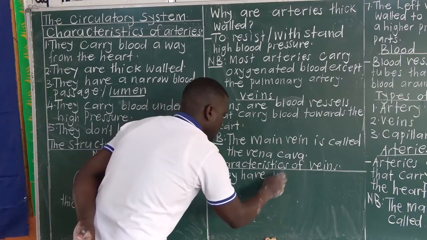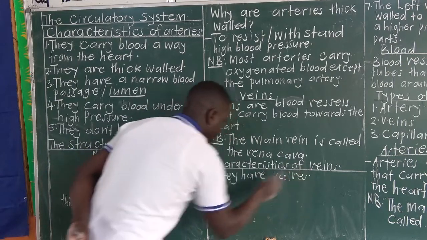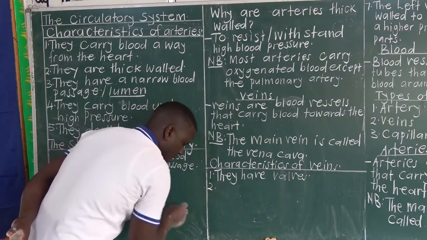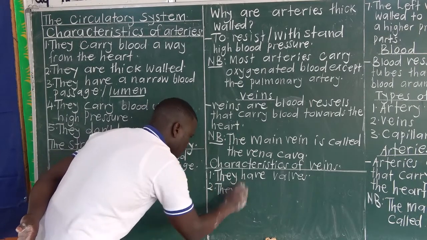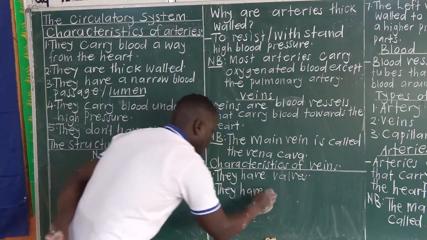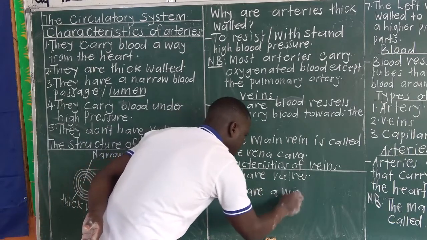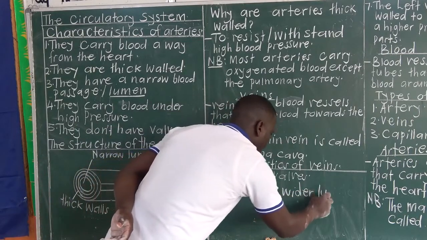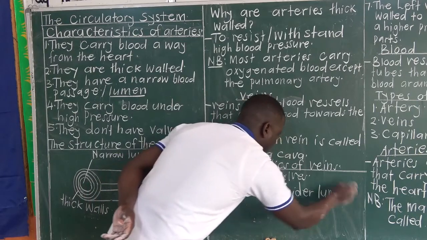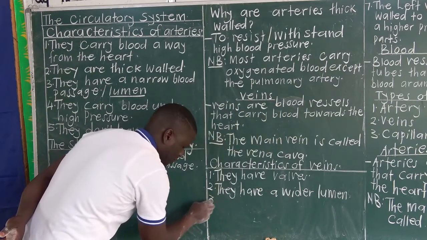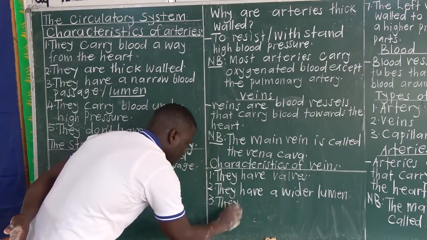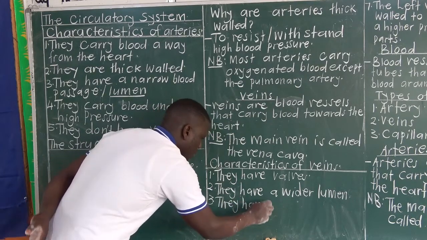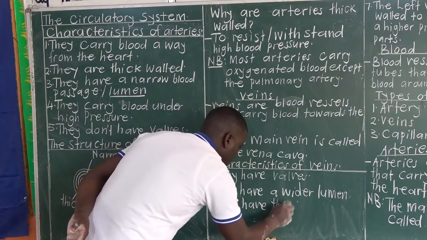Number two, they have a wider lumen or wider blood passage. They have thin walls.